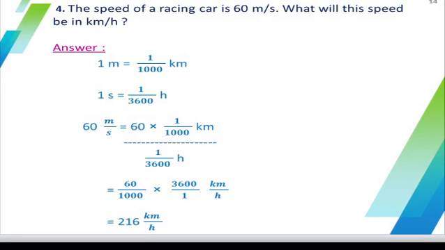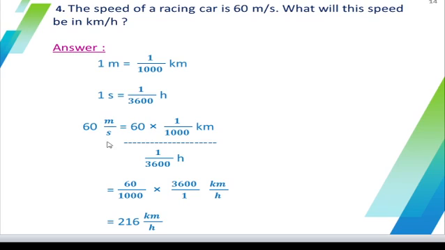Another sum: the speed of a racing car is 60 meter per second. What will this speed be in kilometer per hour? So the value they given is meter per second, we want to change it to kilometer per hour. Already we know well, 1 meter is equal to 1 by 1000 kilometer, 1 second is equal to 1 by 3600 hour.